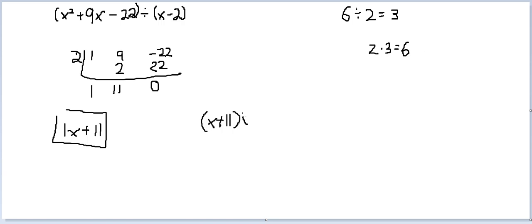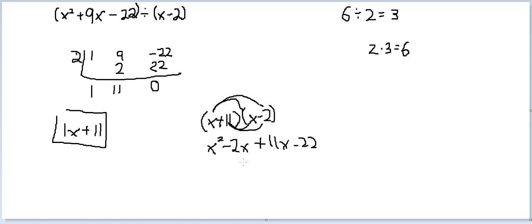All right, so you would multiply by x minus 2, distribute: x times x is x squared, x times negative 2 is negative 2x. 11 times x is 11x, 11 times minus 2 is negative 22, so plus 11x minus 22, and when you combine like terms, you get back to the polynomial you wanted, where you have x squared plus 9x minus 22. So we know that our answer is right, because when we multiplied our answer times what we divided by, we got what we were dividing. All right, and that's it.